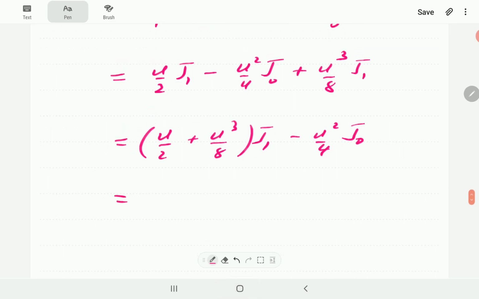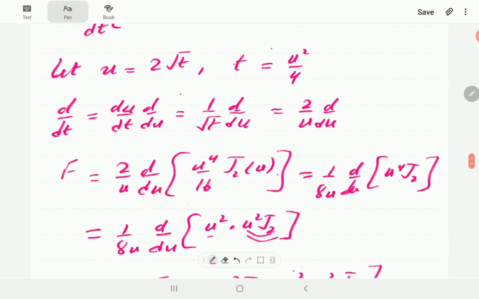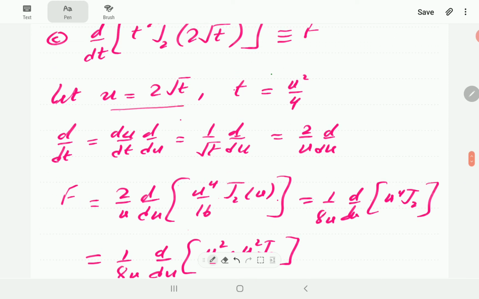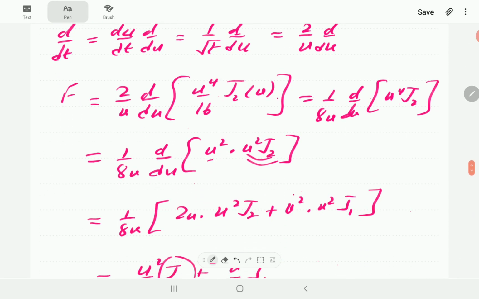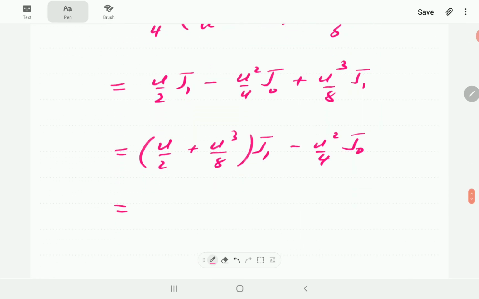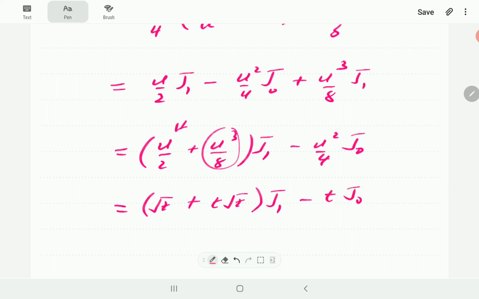Then from our substitution, u over 2 is just square root t, so we're going to have square root t there, and then this is just a cube of that, so it's going to be t square root t J1. Then u squared over 4 is just t.